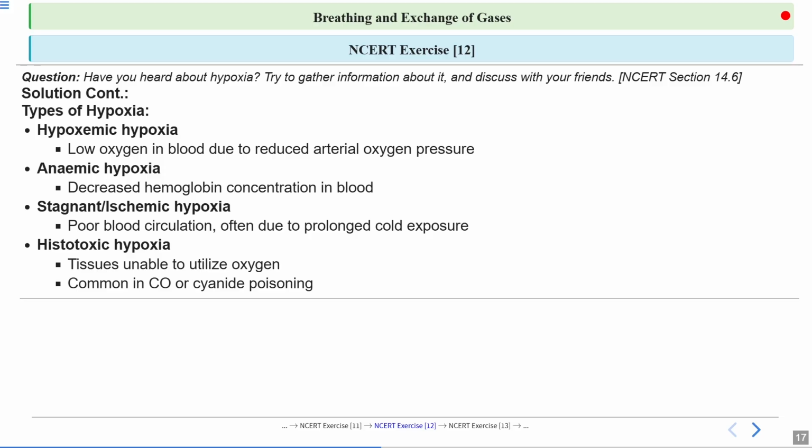But when it reaches the lung, it gets dissociated. But once carbon monoxide gets combined with the hemoglobin, it will not get dissociated. It means that hemoglobin is not free for the transportation of oxygen. So in that way also our body will get less oxygen. That is the histotoxic hypoxia.